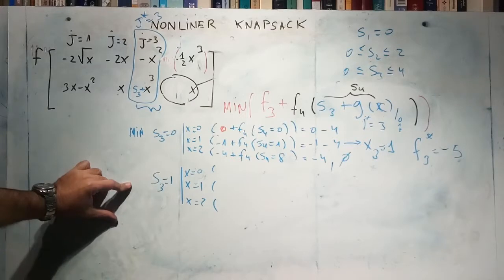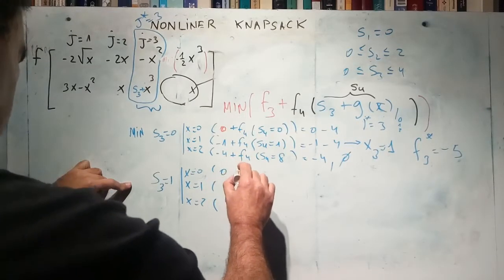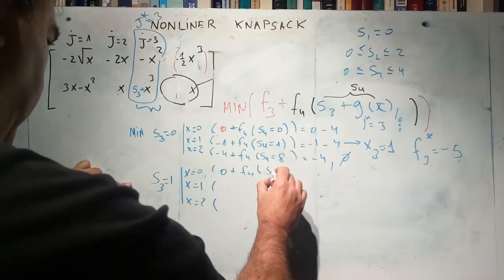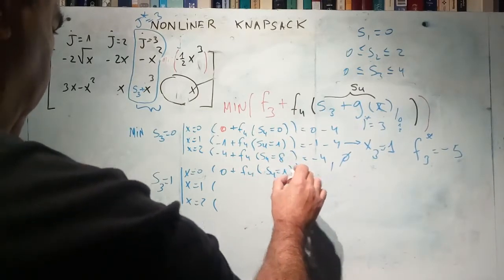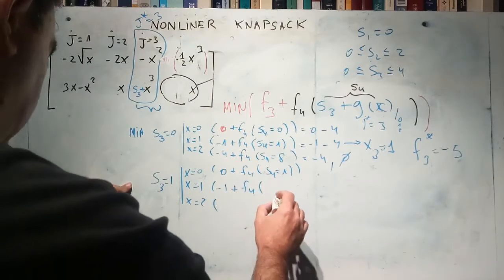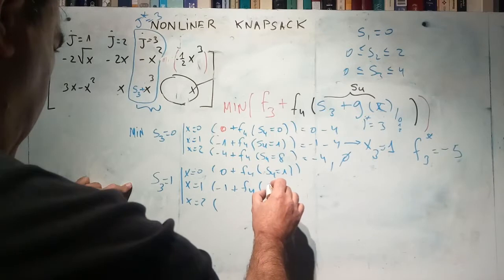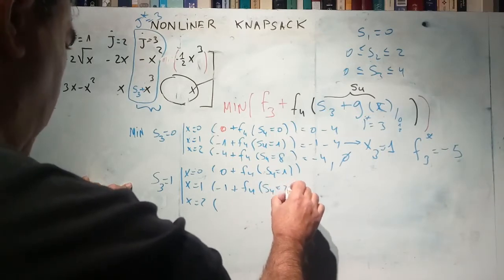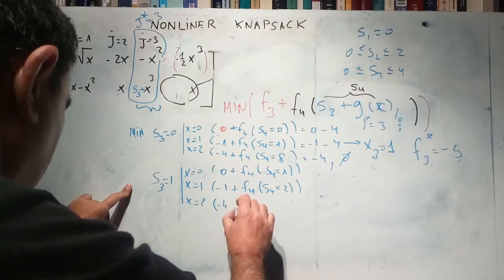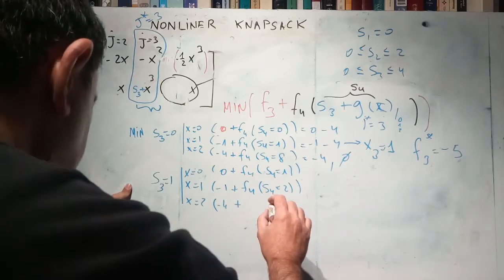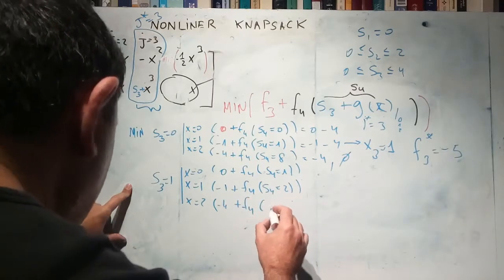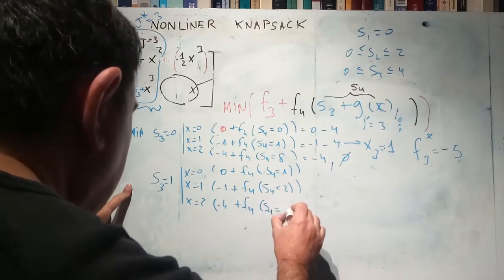So bracket, bracket, bracket, 0 plus f4 of S4 being 1, minus 1 plus f4 of S4 being 2, and minus 4 plus f4 bracket of S4 being 9.